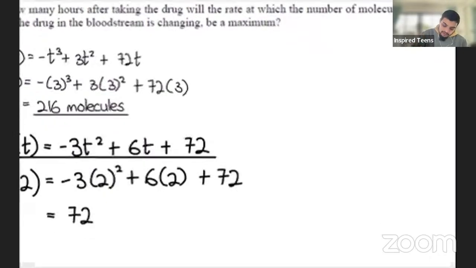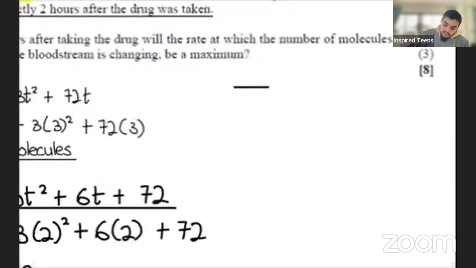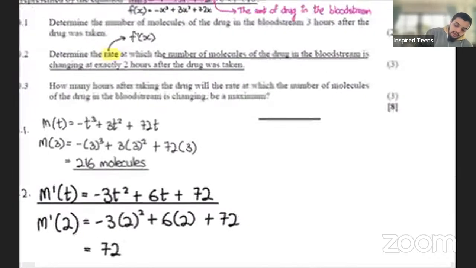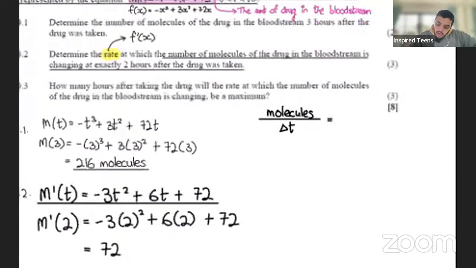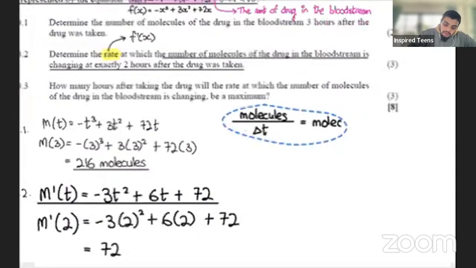So in this case, what are we getting the rate of change of? The rate at which the number of molecules is changing, so it's the rate of change of molecules: molecules divided by delta t. So our unit is molecules per whatever our unit for time is.